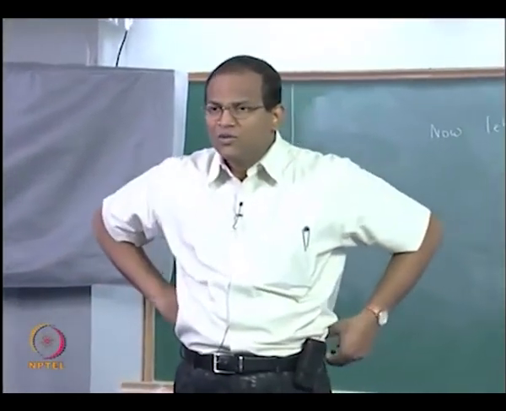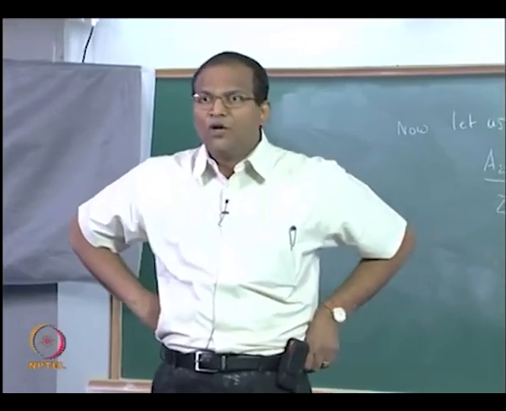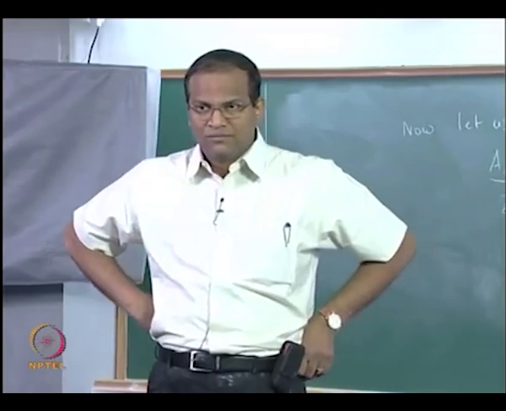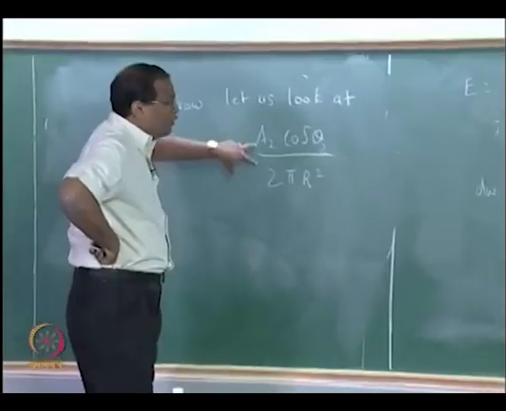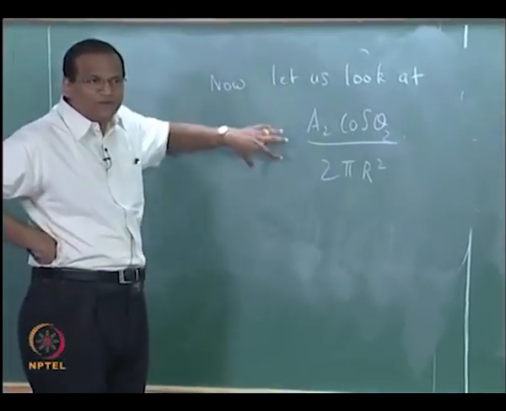A2 cos theta 2 is the area which is oriented normally to A1, divided by 2 pi r square, which is the total area of the hypothetical hemisphere of which A2 is a part. Now you can see that this will be tantalizingly close to that 6.1 into 10 to the power of minus 4. See that?